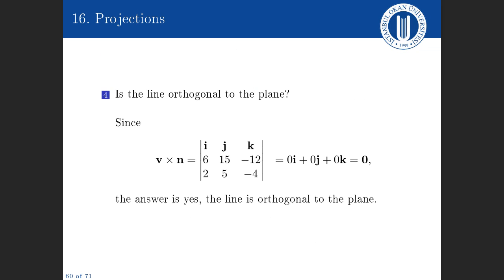Step 4. Is the line orthogonal to the plane? To answer that, we do the cross product of v and n, and I'll leave it for you to check that we get the 0 vector. So the answer is yes, the line is orthogonal to the plane.